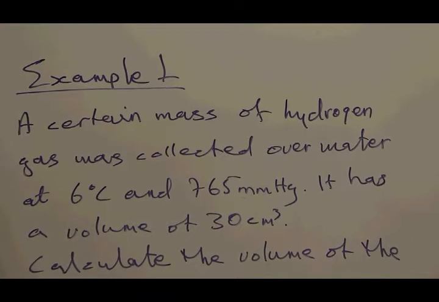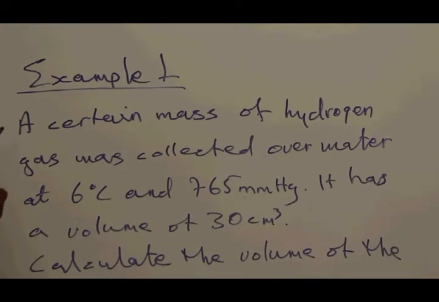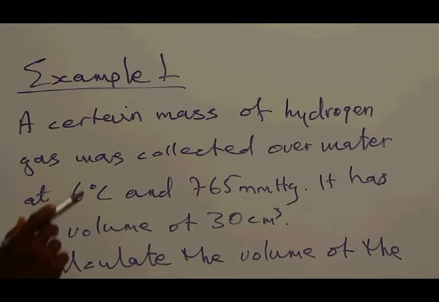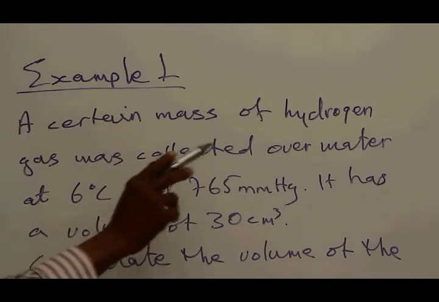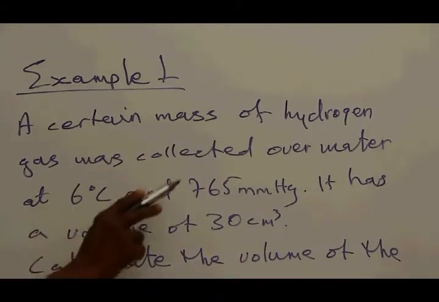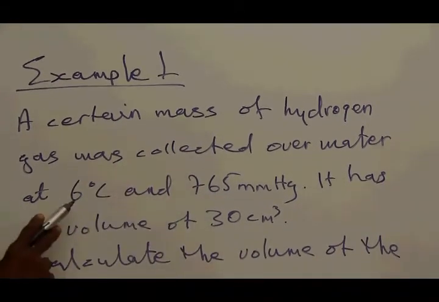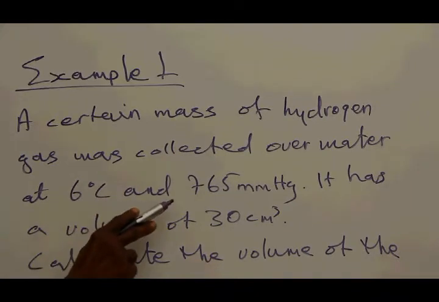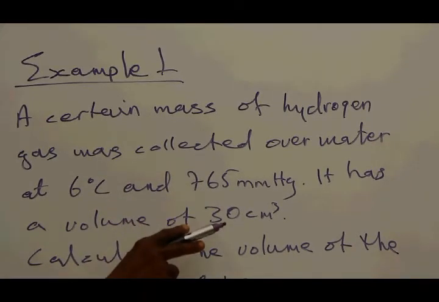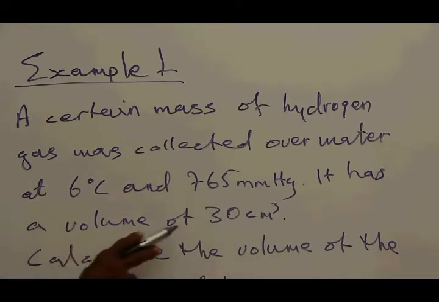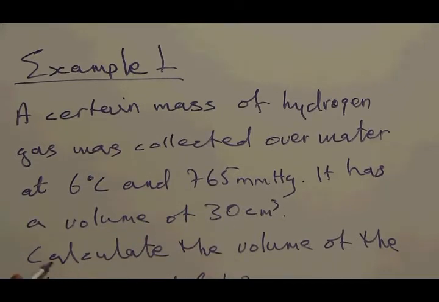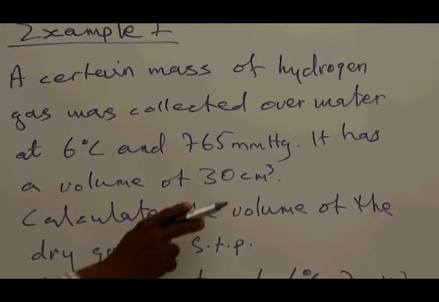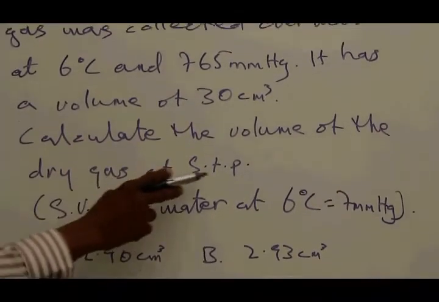Let's consider an illustrative example under Dalton's law of partial pressure. A certain mass of hydrogen gas was collected over water at 6 degrees Celsius and 765 millimeters of mercury. It has a volume of 30 cm³. Calculate the volume of the dry gas at STP.